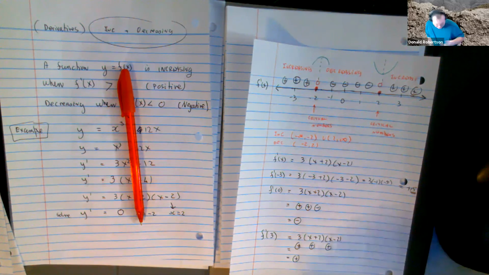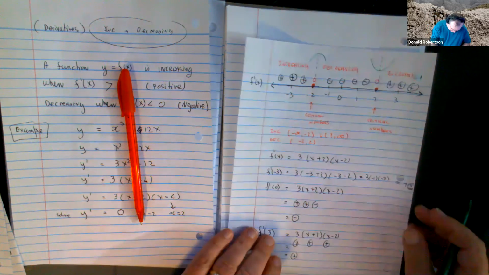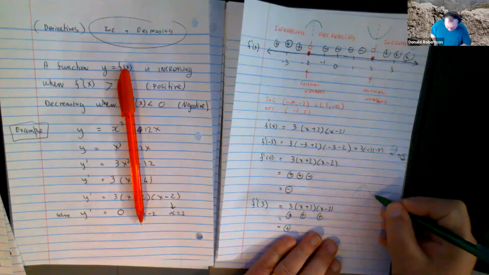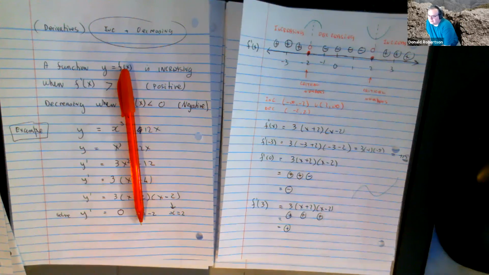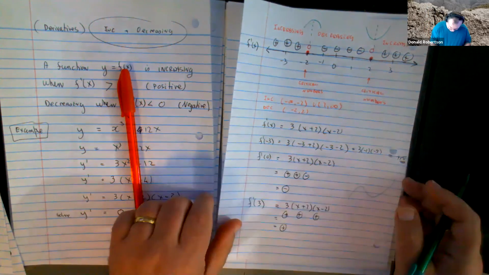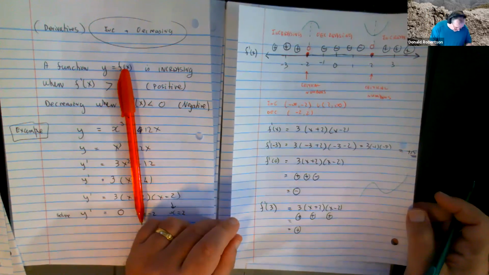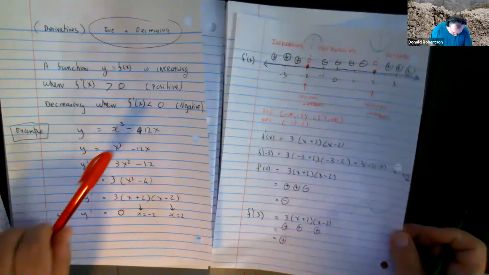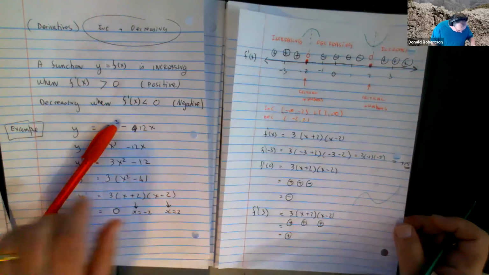If I wanted to do a very rough sketch of this, wouldn't it look like that? Which is exactly what cubics should look like. Cool. Now, that's how you find out when a function is increasing or decreasing.